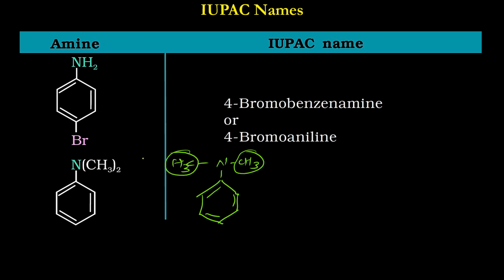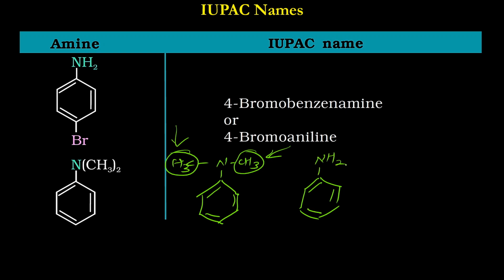Now, as I said earlier also, if you are confused, the first thing is that replace all the substituents by hydrogen. So if you replace this CH3 by hydrogen, this CH3 by hydrogen, it is actually aniline or benzenamine. And this is the way you will identify the answer.